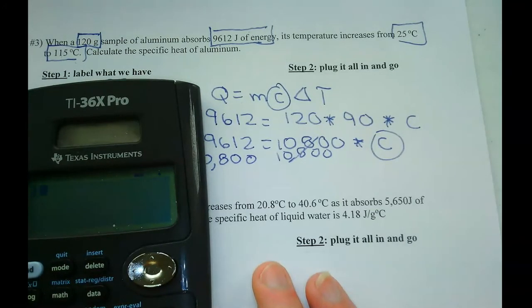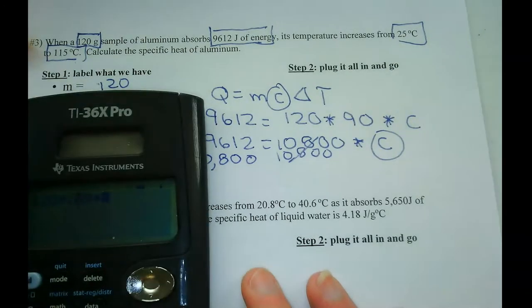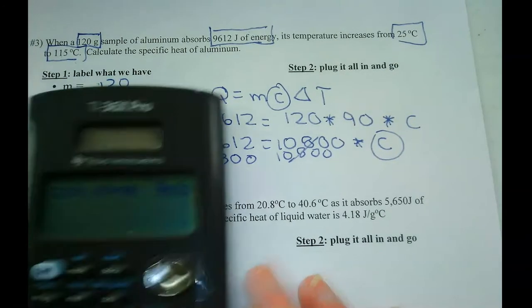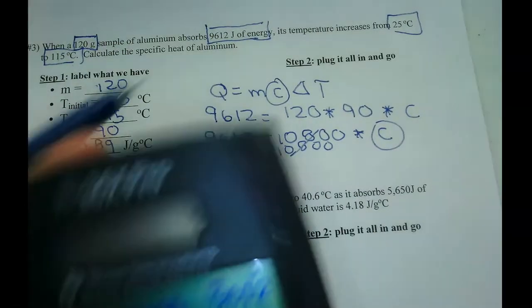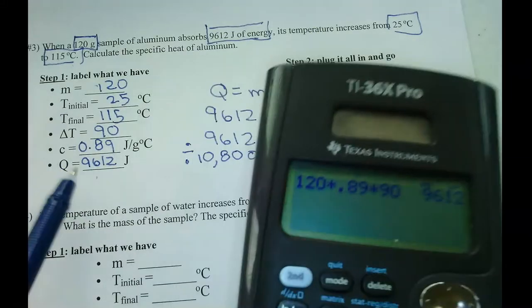So I'm going to say 120 times the number I just got. And this is an optional step, but I think it's always a good idea to check your work. Oh, so I did get the same answer, so I know I solved it correctly because my Q's match.